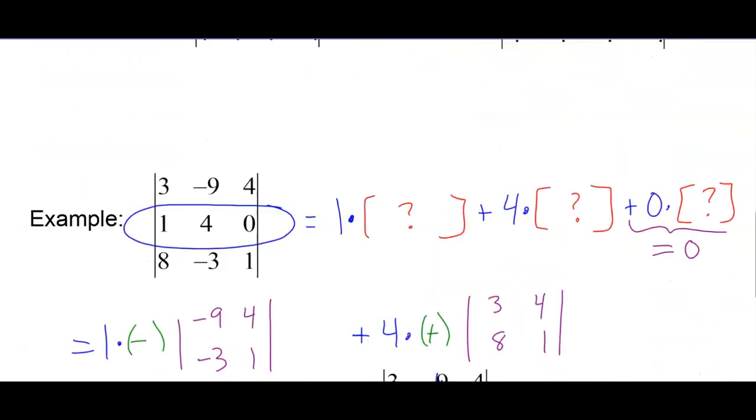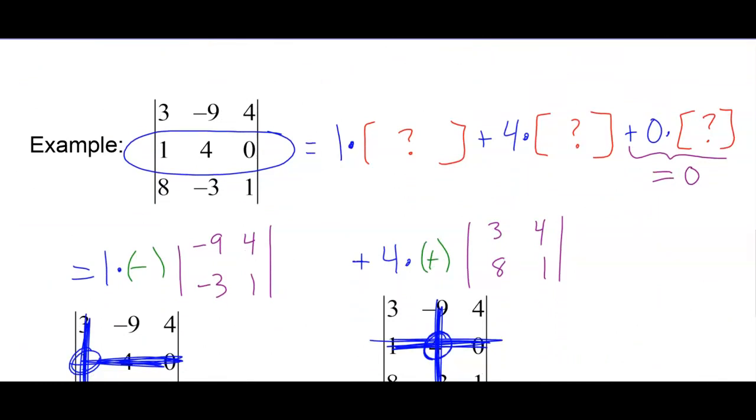But for a 3 by 3, I had to break it up into 3, well, I got lucky this time, 2 individual 2 by 2's with a few extra bells and whistles, some other like the 4 and the positive or the negative sort of thing going on. So a 3 by 3 is going to usually take you about 3 times as much work as a 2 by 2. And it gets worse from there.